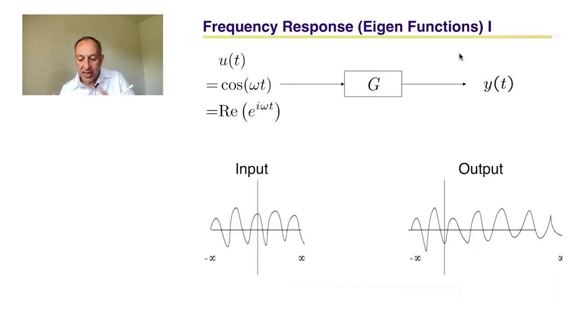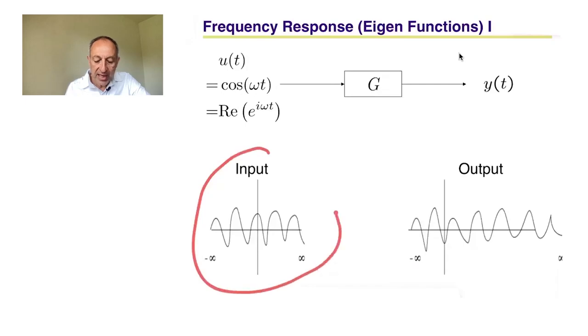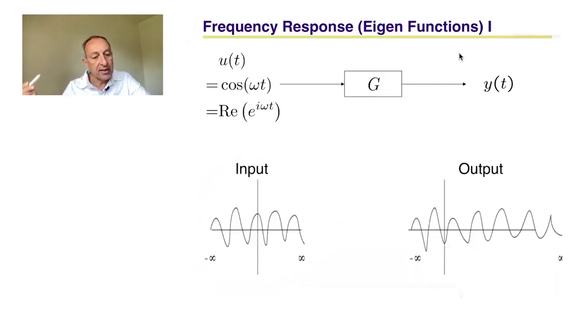One of the interesting observations, of course, for some of you who have learned this before, is that if you put in a sinusoidal input, like a sine, cosine, or combinations of the two, you actually get another combination of a sinusoidal signal.